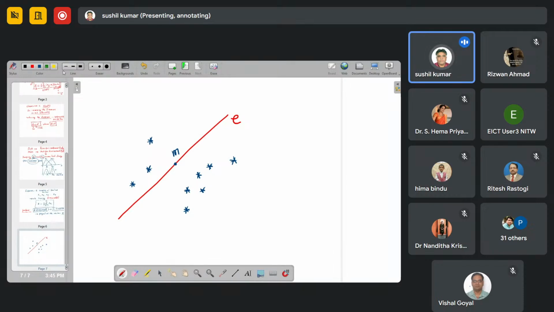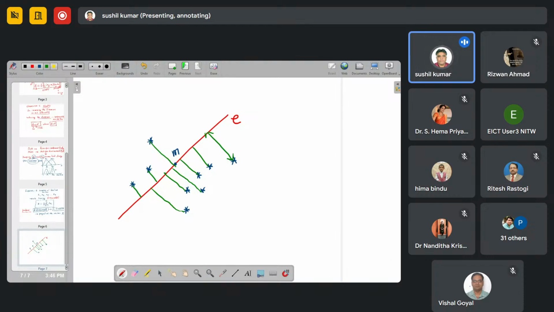I will project this one, this one, this one, this one. So this is the main purpose: in PCA we have d-dimensional vectors and somehow we convert them into a one-dimensional vector.